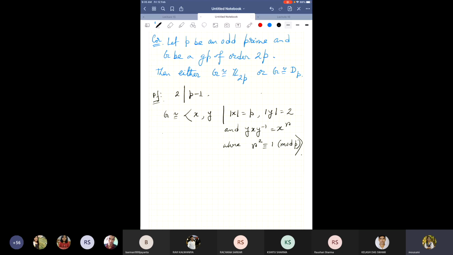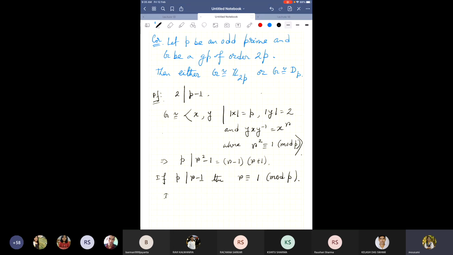What does that mean? That means that p divides r square minus 1. Correct? So r square minus 1 is (r minus 1) into (r plus 1). So that means there will be two cases. Because p is a prime number, if p divides r minus 1, then r will be congruent to 1 mod p.